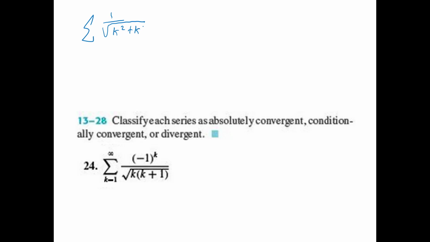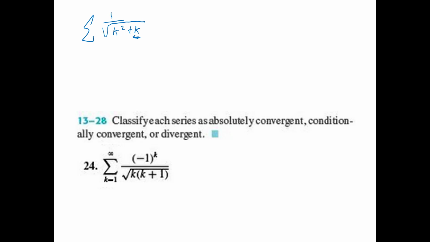And again, here, we can ignore this k right here. If that k wasn't there, it would be 1 over the square root of k squared, that would be 1 over k, and that is the harmonic series, which diverges, right? So our gut should tell us this series diverges.